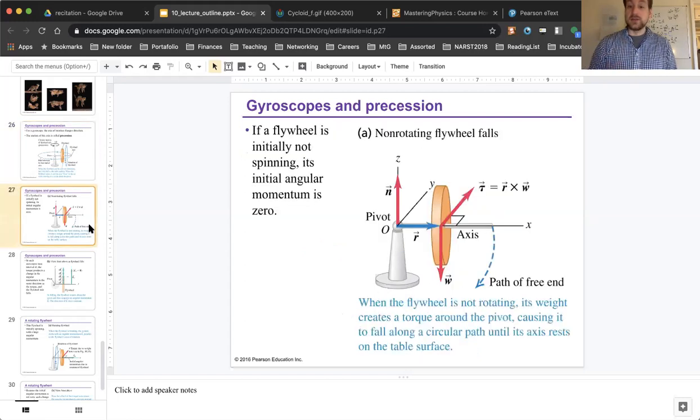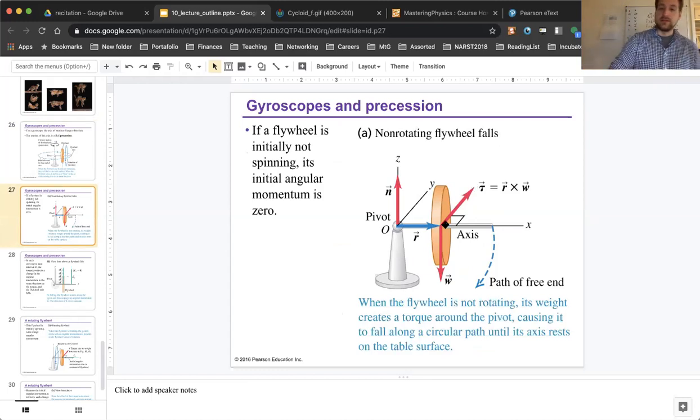Imagine that the flywheel isn't rotating, that there isn't any angular momentum to worry about. The initial angular momentum is 0, so we hold the axis horizontal and we release it. The weight of the flywheel creates a torque about the pivot point, and if we curl our fingers down, our thumb points along the y-axis.